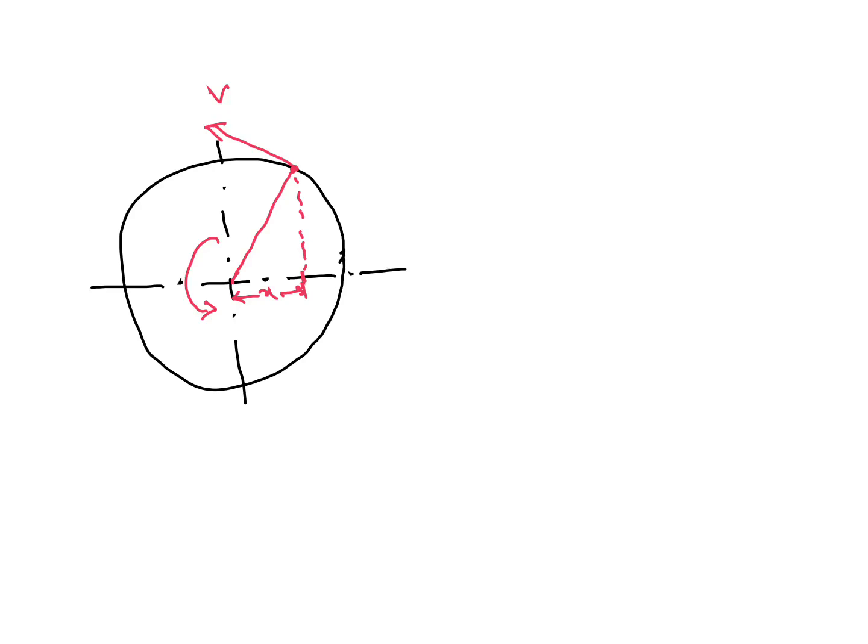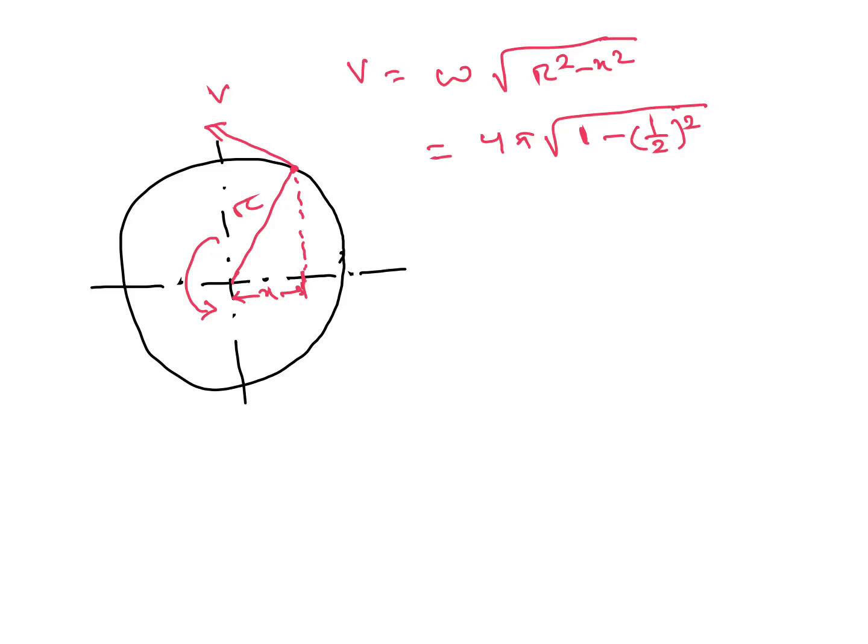So our formula is v equal to omega into square root of r square minus x square. Omega we already got, 2 pi n by 60. It's 4 pi into square root of r, we already got L by 2, it's 1, minus x given in this question, it's 0.5 or 1 by 2, square. 4 pi into root of 1 minus 1 by 4. 4 pi into root of 4 minus 1 by 4. 4 pi by 2 into root 3.